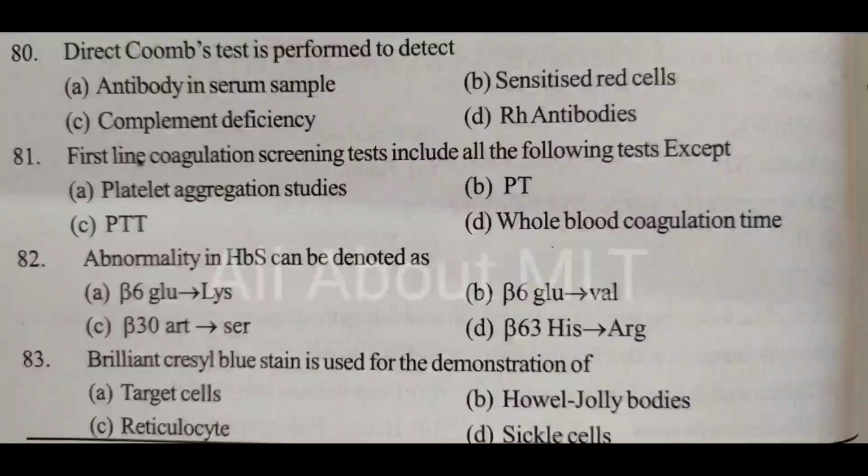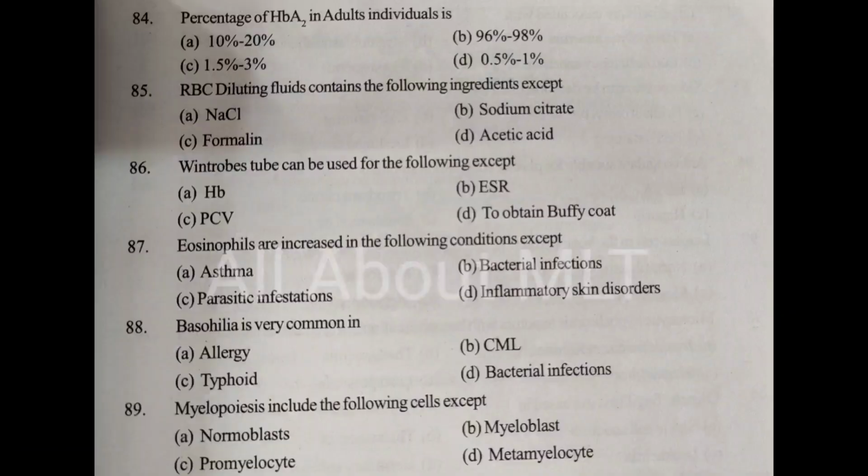The answer is option C, reticulocytes. Percentage of HbA2 in adult individual is: option A, 10% to 20%; option B, 96 to 98%; option C, 1.5 to 3%; option D, 0.5 to 1%. The answer is option C, 1.5 to 3%.